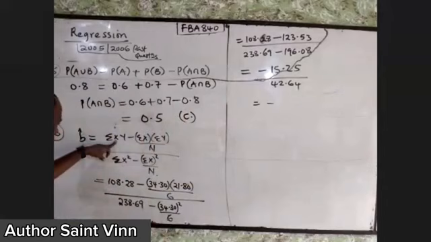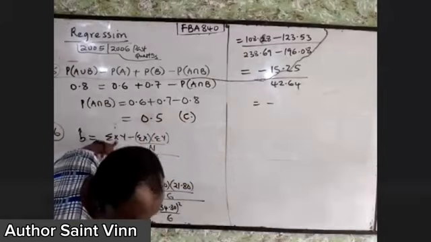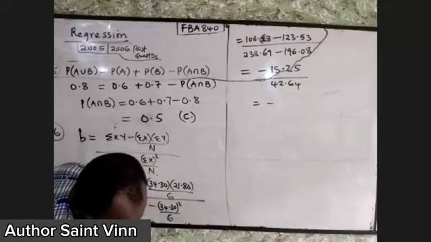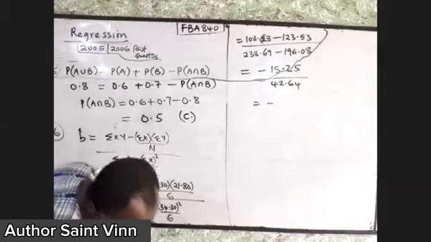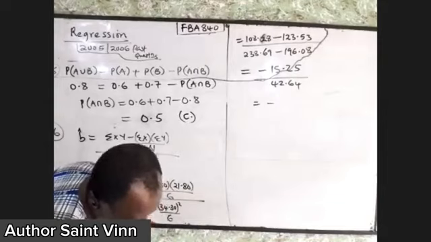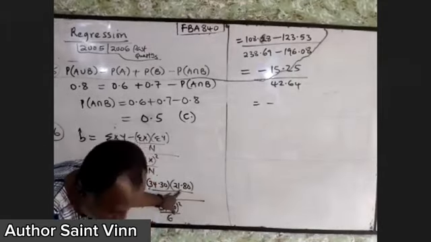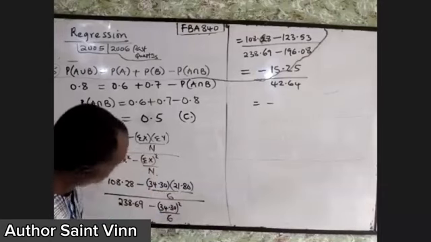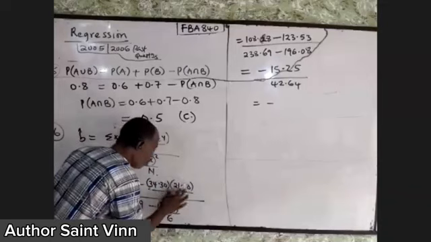Summation of x, y, on weight. Summation of x, 34.30 times 21.10.